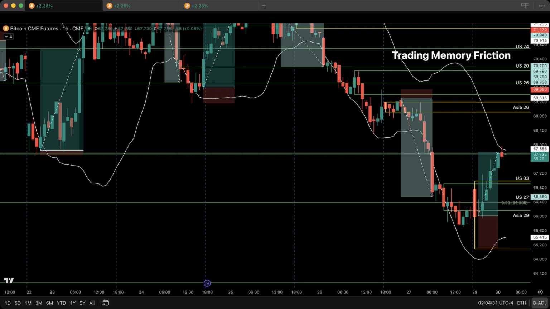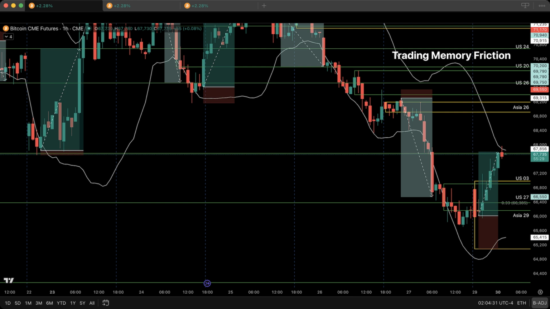And that opens the path for continued upward expansion. But if price fails here, then this entire move becomes temporary. And price rotates back into the lower structure. This is why this moment matters. Because it is not just a reaction. It is a decision point.